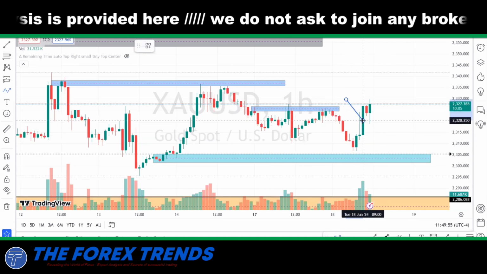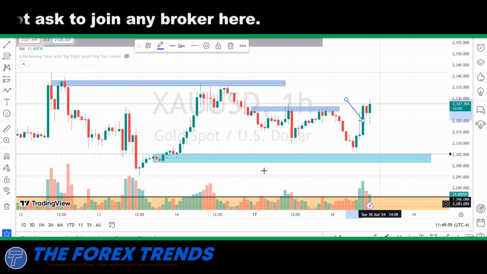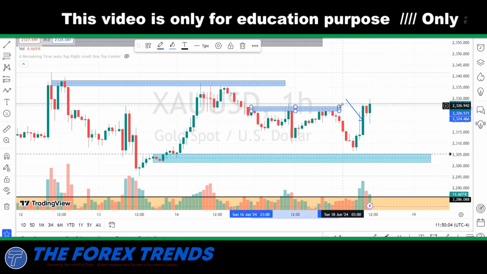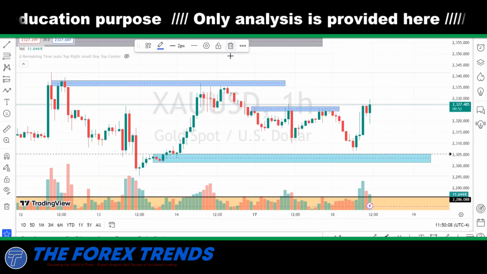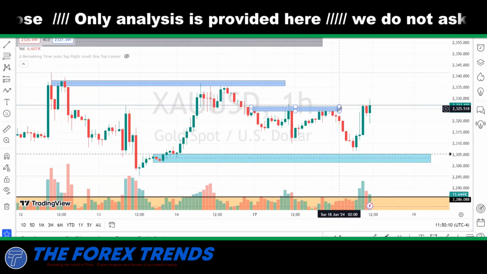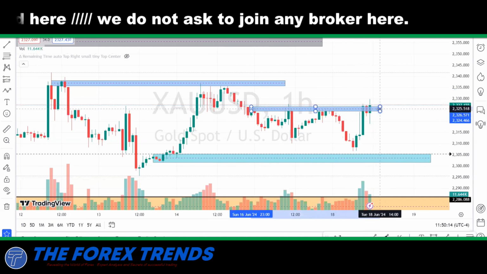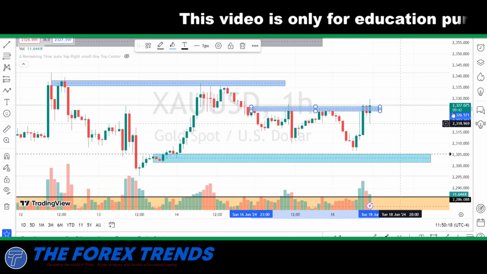Because of this momentum candle, I am waiting for a breakout of this resistance. If the market is able to break this resistance, then I will try to find a buy from here. I will explain right after this.